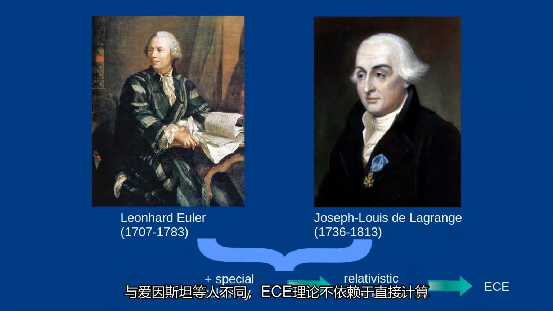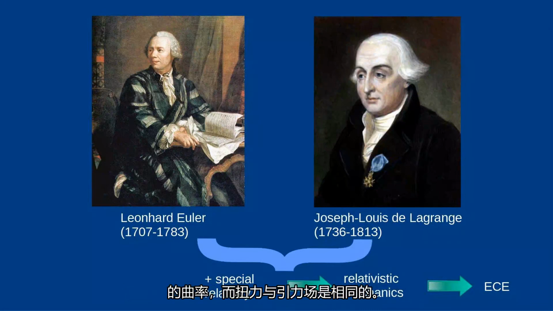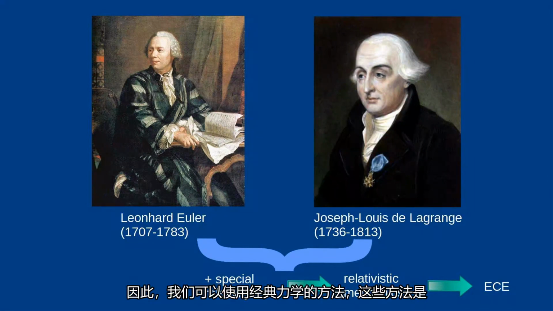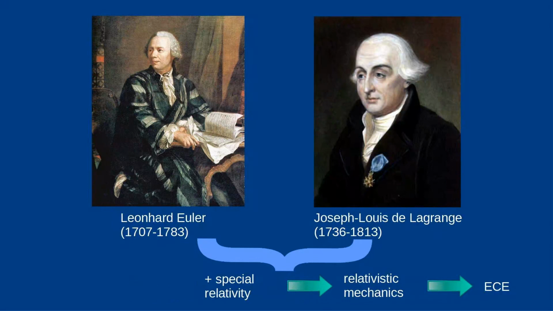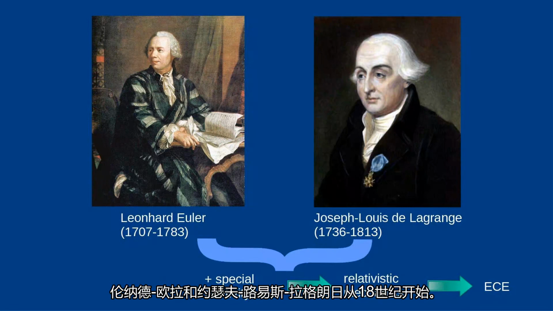Unlike Einstein, ECE theory does not rely on the direct calculation of curvatures, and the torsion is identical to the gravitational field. Therefore, one can use the methods of classical mechanics, which were extended earlier by the special theory of relativity and are called relativistic mechanics. In principle, these are the well-known methods of the mathematicians Leonhard Euler and Joseph-Louis Lagrange from the 18th century.